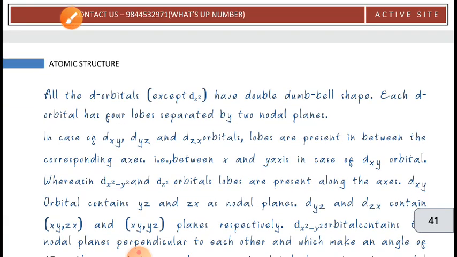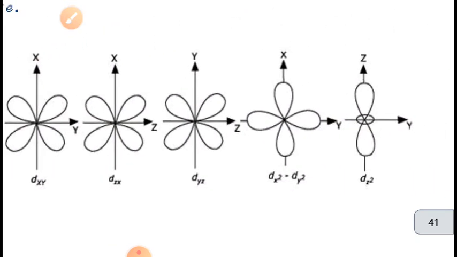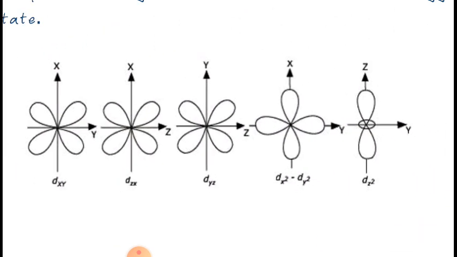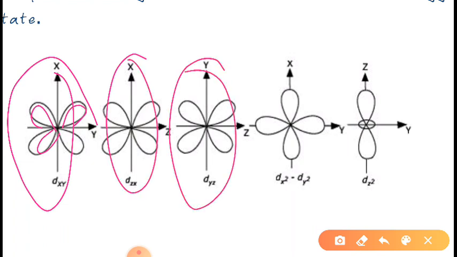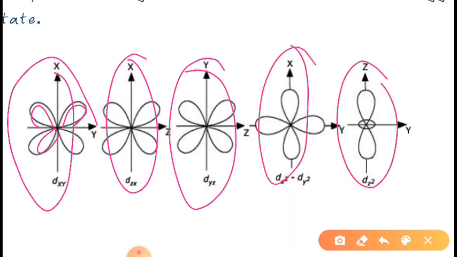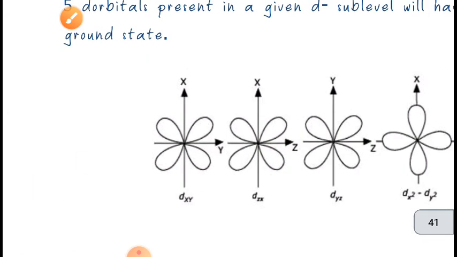So how can we draw this? As we can see here, it has been drawn here. When it is dxy, it is like this, along dxy. Then dzx, okay. After that dyz, after that dx square minus y square and dz square. Here when we talk about our dz square, you can see here it is like this, okay.